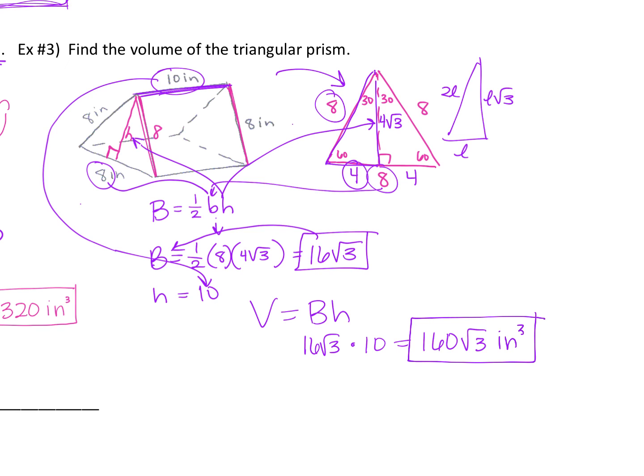Now if they ask you to round it, that would be about 277.1 cubic inches. I like the simplest radical because it's an exact answer, but if they ask you to round, you just plug that in.